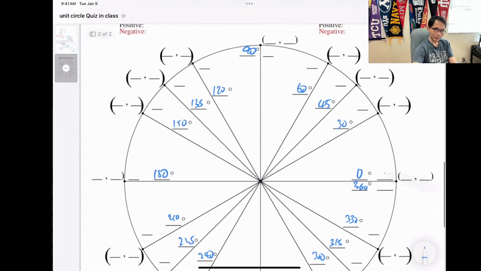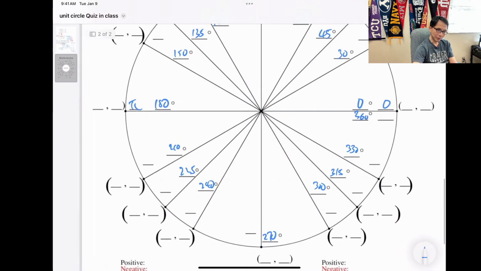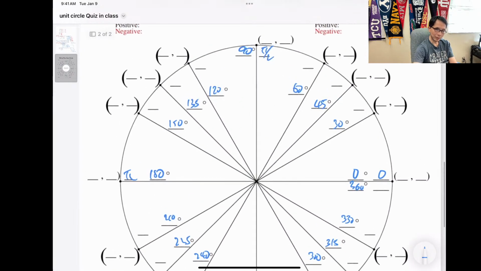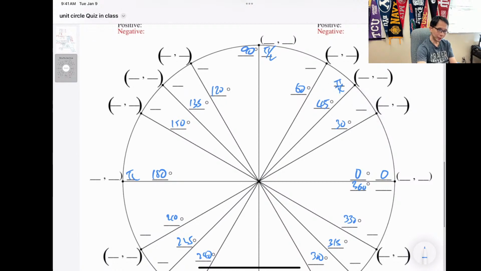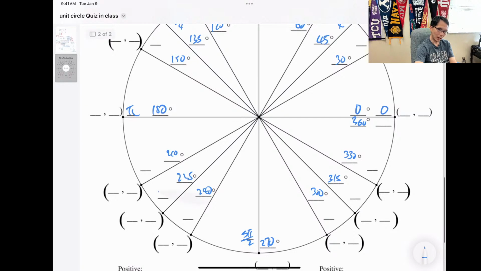Okay, so 0, pi, pi over 2, 3 pi over 2, pi over 4, 3 pi over 4, 5 pi over 4, and 7 pi over 4.